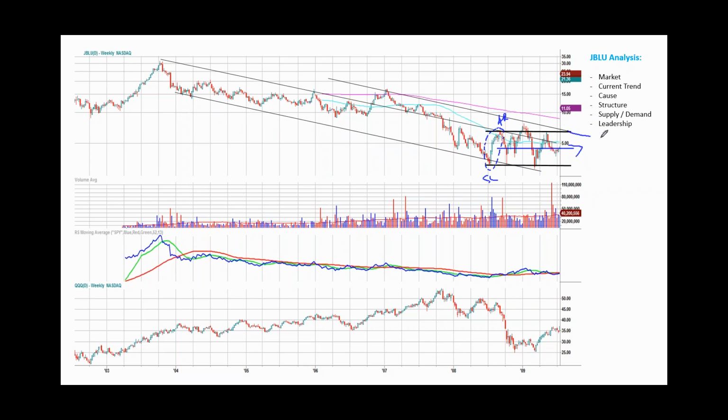Please note that if we continue consolidating this way, we can naturally at some point break this downtrend. Yes. Somewhere here in the future. So that just tells us at this point that even though there is some kind of consolidation within the downtrend channel, we're still probably not exactly there for this stock either.